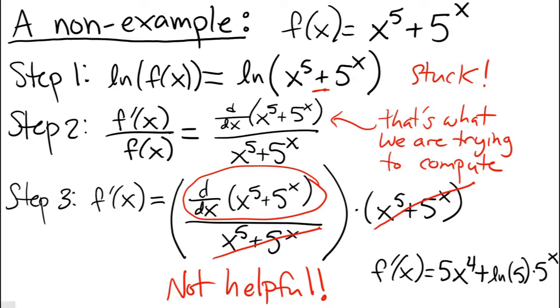Now if you didn't happen to remember how to take the derivative of x to the 5 or of 5 to the x, then you could think about using logarithmic differentiation on a single term. On a single term, not on many terms added together or subtracted. When you're adding or subtracting together at the top, you're always going to have this problem in step 1 of getting stuck, because there's no log rule that will break up the sum or the minus.